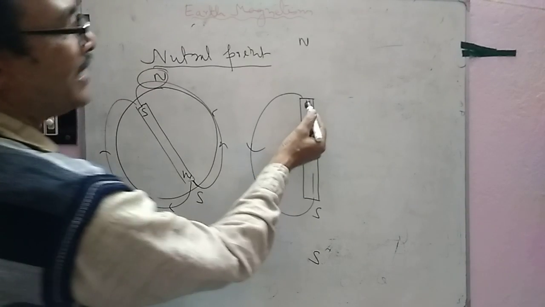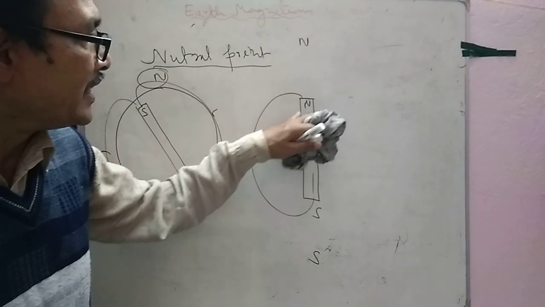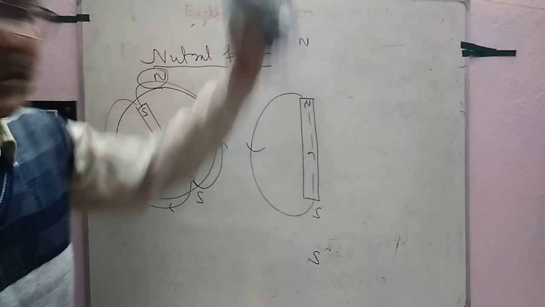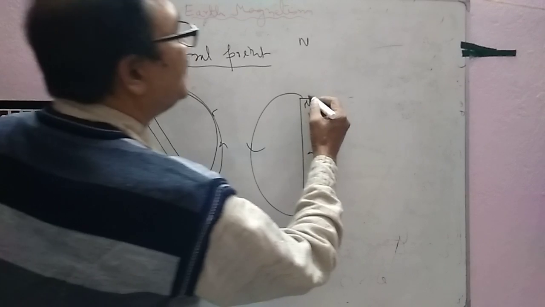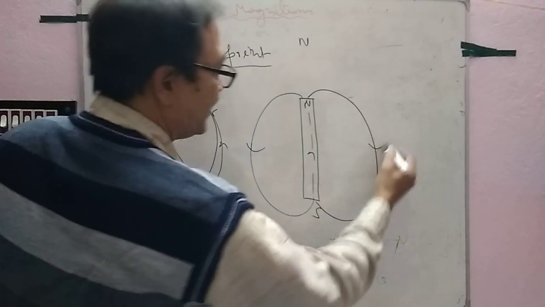So if we place a bar magnet at a place with its north pole towards the geographic north, then these are the lines of force for the bar magnet. Clear? Follow?